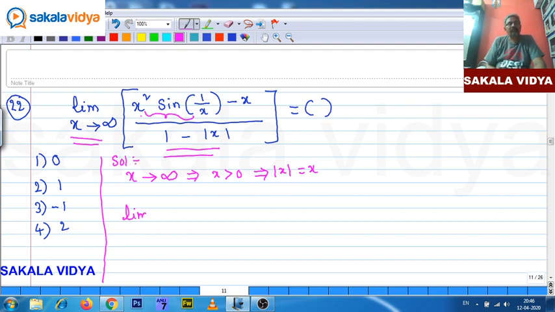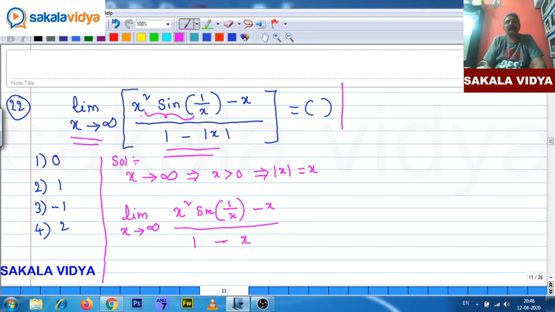So now this problem we can write: limit x approaches infinity, (x square sine of 1 by x minus x) upon (1 minus x).